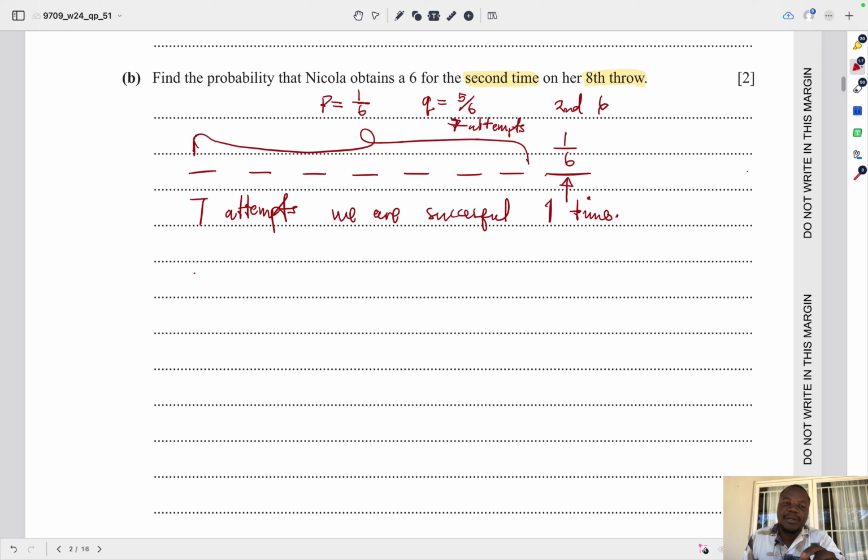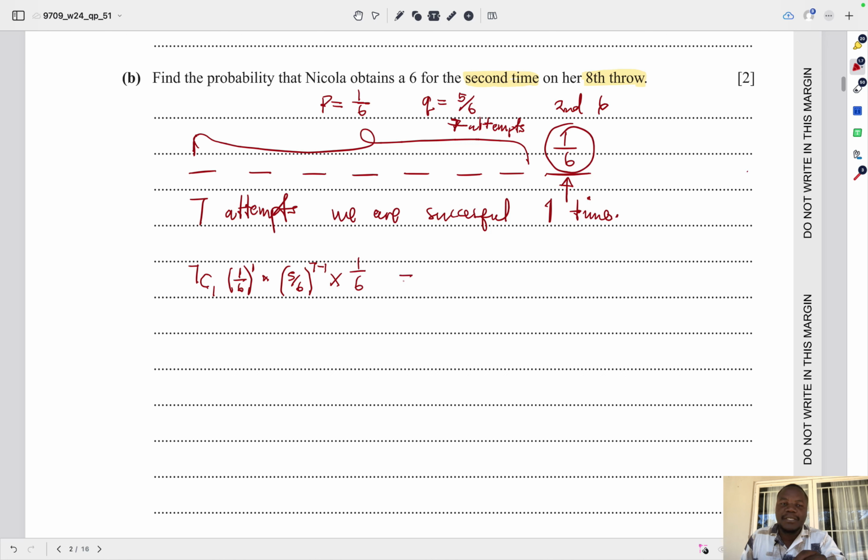From the way we did binomial, we're going to say this is 7 choose 1, and then the probability of success, which is 1 over 6, to the power of 1, times 5 over 6. Remember the question goes 7 minus 1, then this times the 8th attempt, which is 1 over 6.